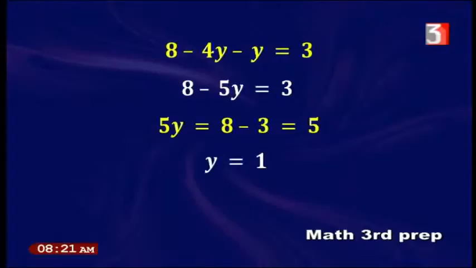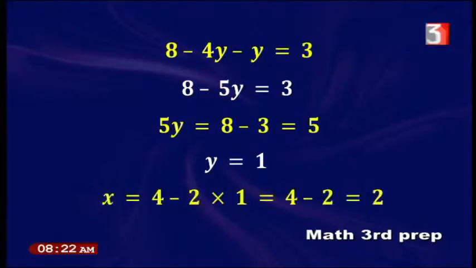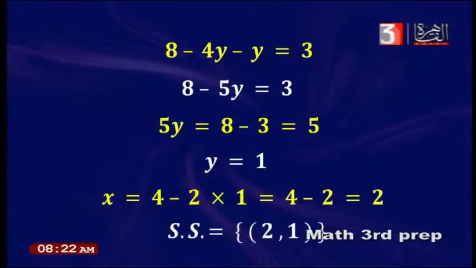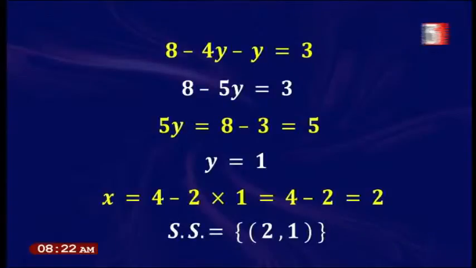Now you have found the value of y as 1. By substituting in any of the two equations to find the value of x, x equals 4 minus 2 times 1 equals 4 minus 2, which gives 2. And in this case, we can say that the solution set of such an equation is (2, 1) as an ordered pair, as they are the values of x and y. This is by using the substituting method.